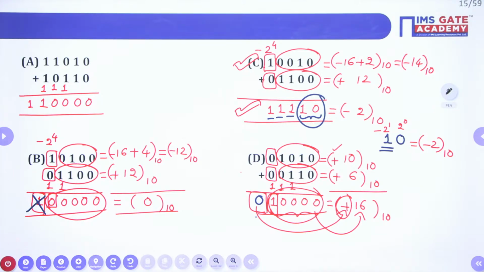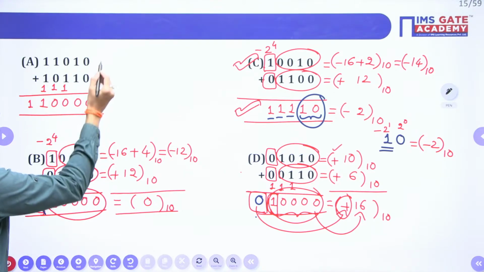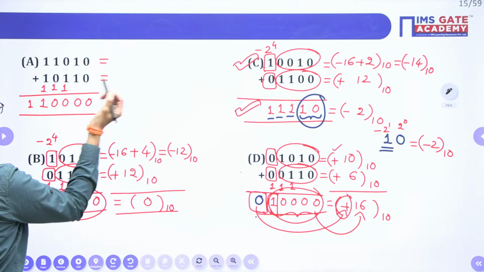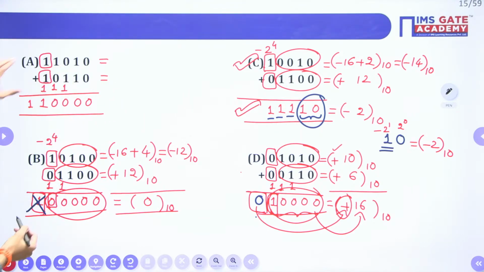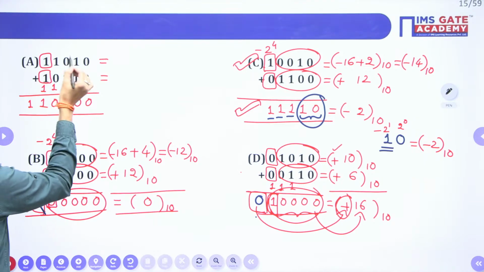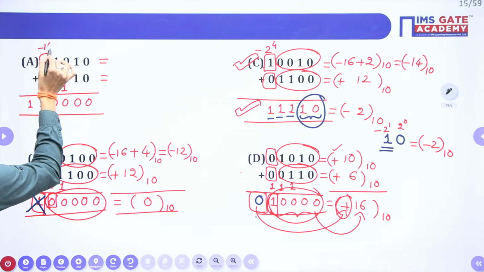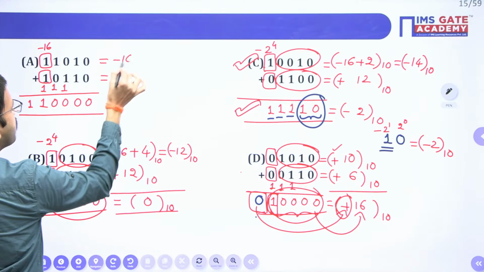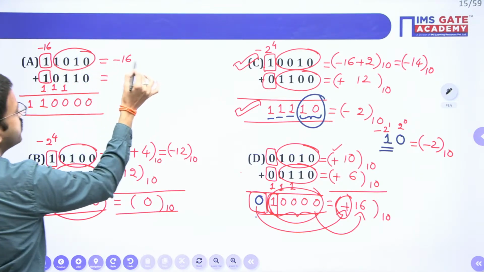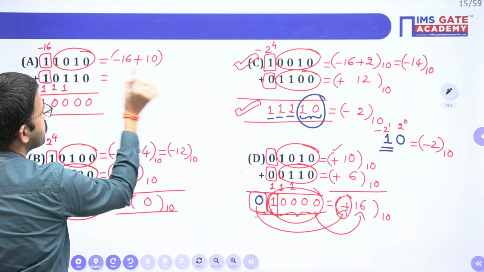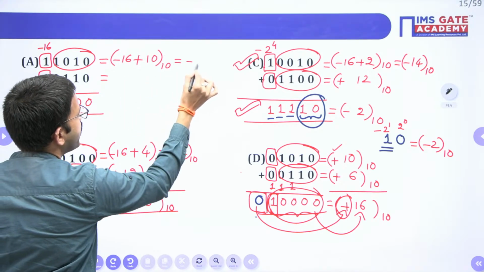Yes. Now let us see this one. Here you are adding negative numbers; both the numbers are negative. Here the position weight is minus 16 because the sign bit is 1. Now 1010 is nothing but 10, which is nothing but minus 6.